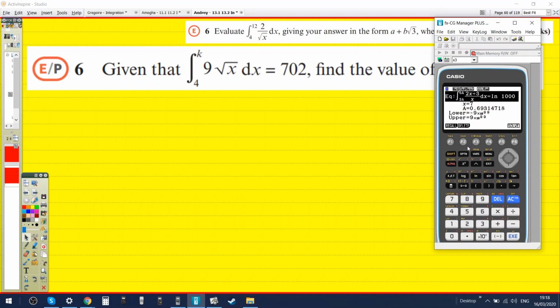So what do I do? So first of all, integrate 9 root x, which would be 6x to the 1.5.